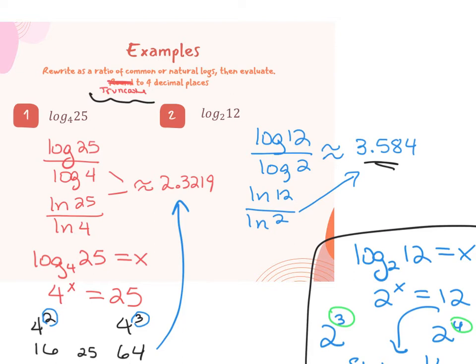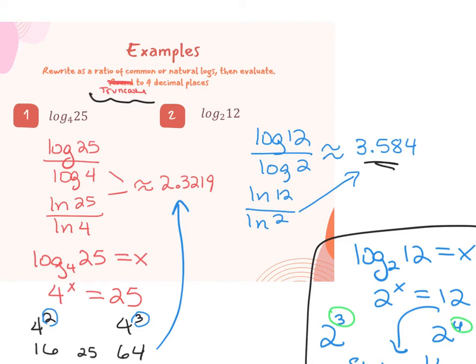Correct. It's mostly all calculator. So we just have to write the answer. For the most part, if it asks you to write it as a ratio, then show me that you're doing log 12 over log 2, like on this one. But there'll be very little work. So maybe if you're getting the wrong answer, if you put down what you're typing in your calculator, that'll help me see where you're going wrong.